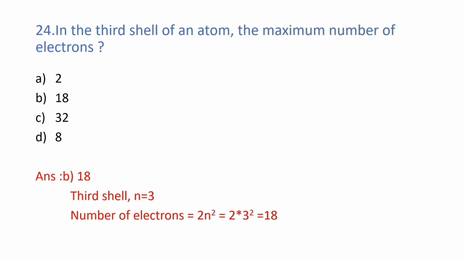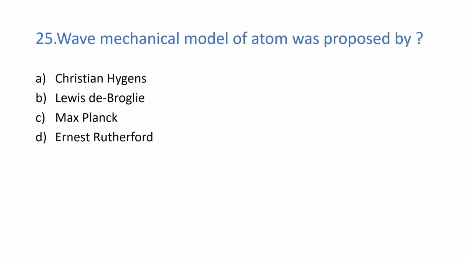So, the maximum number of electrons that can be accommodated in third shell is 18. Moving to the last question of our session. The wave mechanical model of atom was proposed by option C, Max Planck. So, Max Planck proposed the wave mechanical model of an atom.